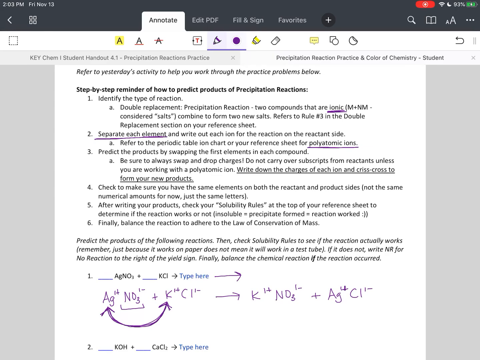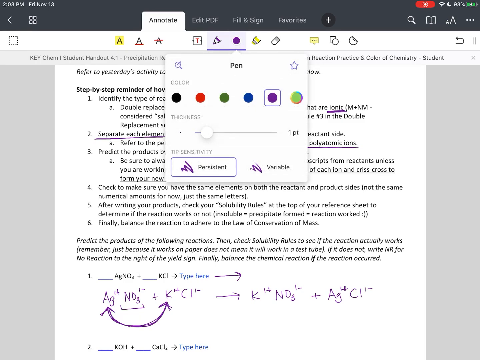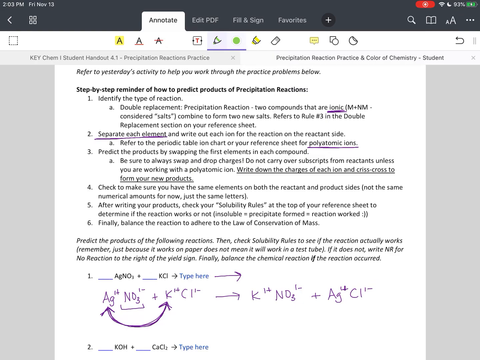So now that I have swapped my cations, my next thing is to write my formula. Remember, we can write a formula by writing our symbols, and then we can use the crisscross method. Our numbers, not our charges, are just going to crisscross down to the next element in the compound.